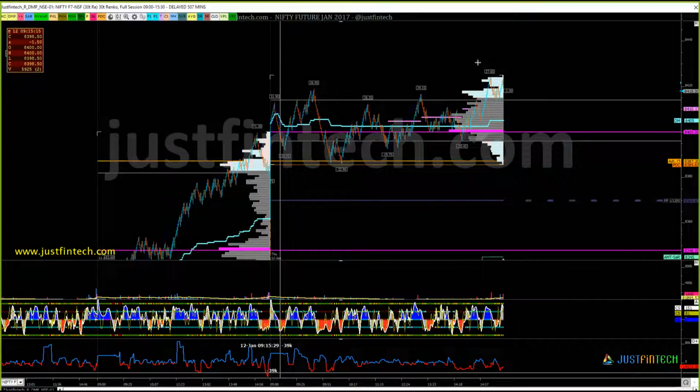So in case tomorrow we again get the same thing, we open above the range, then we expect that it pushes back and then makes its way to 8440.